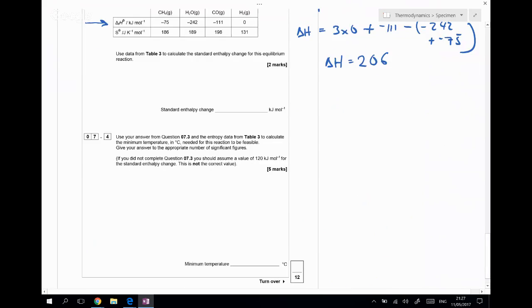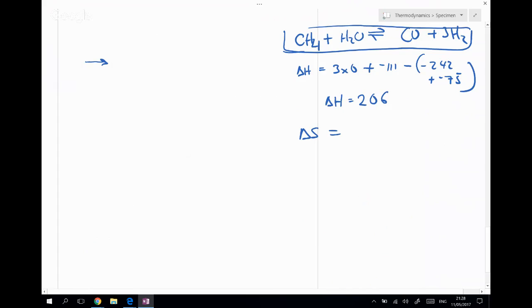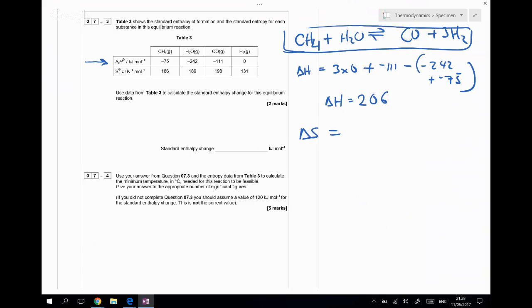Then the entropy. The equation we got given was this one. The entropy change here is the products minus reactants. In this one, we do have to include the hydrogen this time, which is 3 times 131 plus 198. And we take away from that 189 and 186.